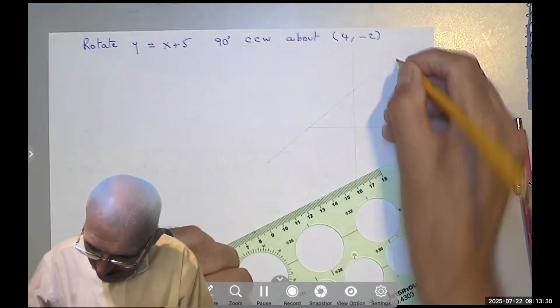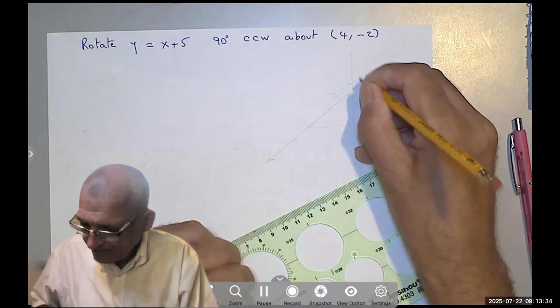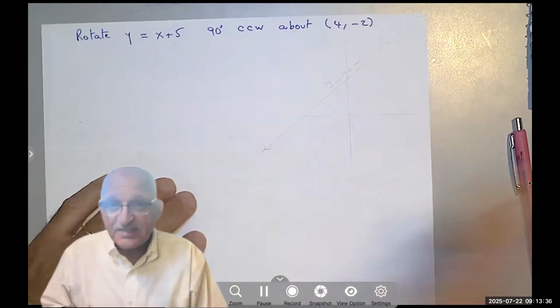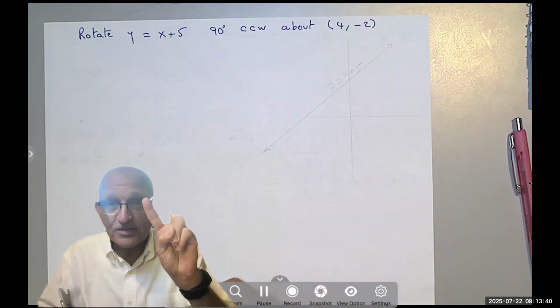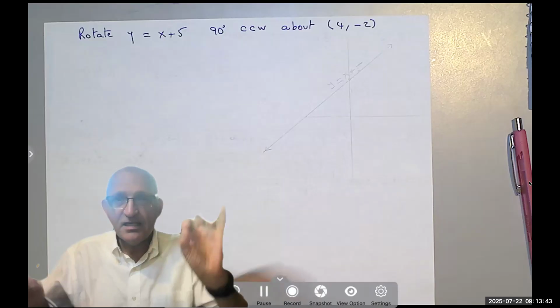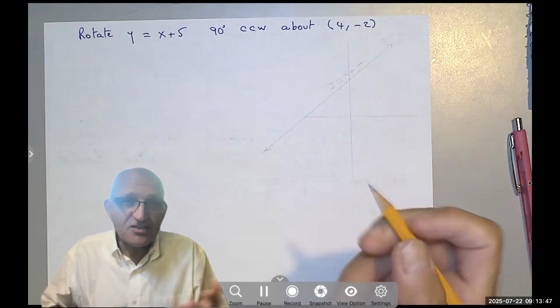That's the straight line y equals x plus 5. Notice I cannot just pick a point and rotate it. I have to pick 2 points because that's a line. A line is defined by 2 points. So I could have done it, but this would be too tedious.